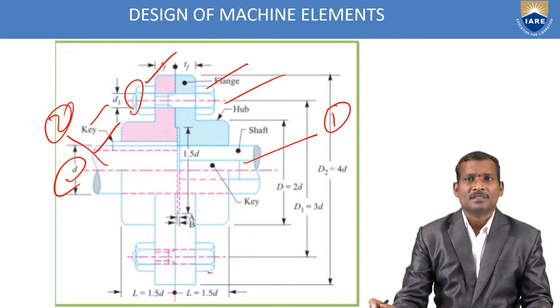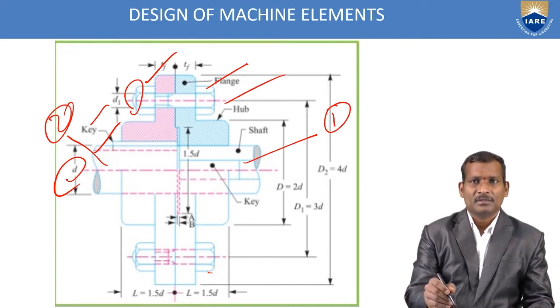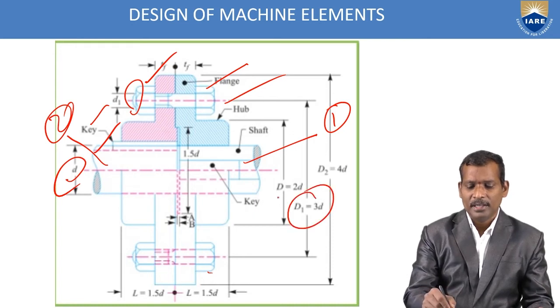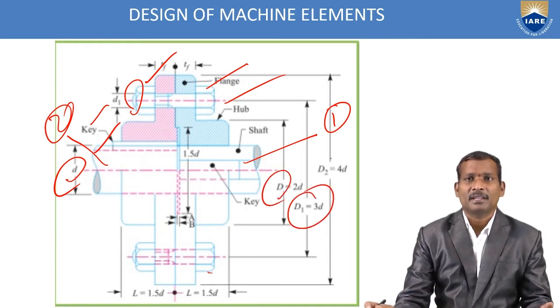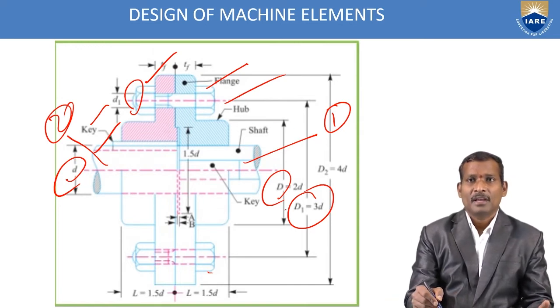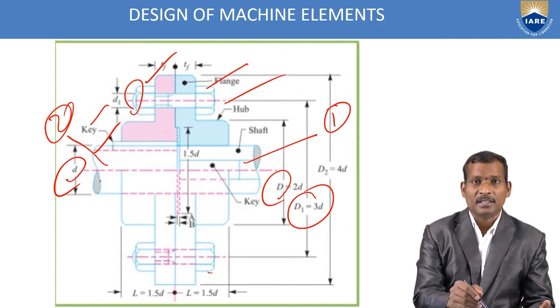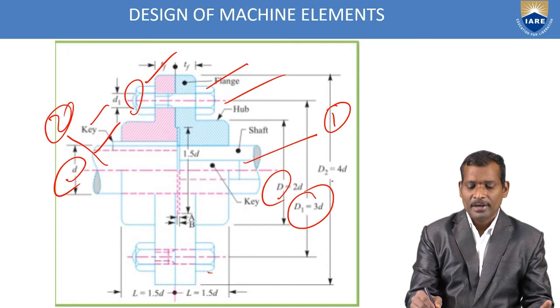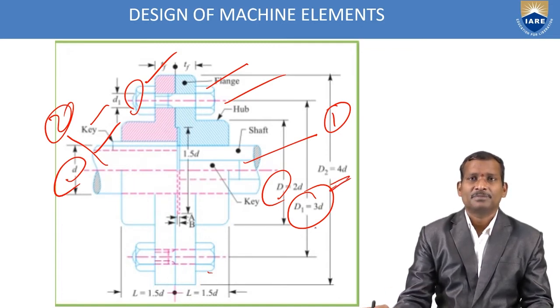The flange dimensions are shown here. Capital D is the diameter of the hub or outer portion of the flange, small d is the inner diameter of the flange or diameter of the shaft, and D1 is the pitch circle diameter.